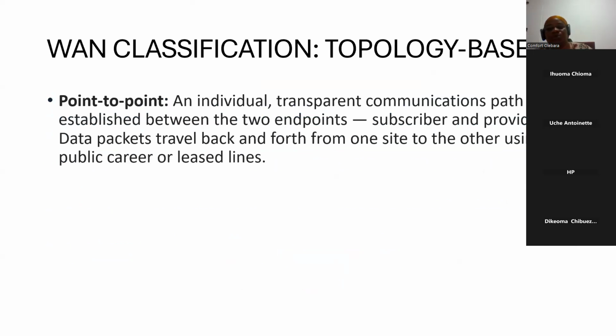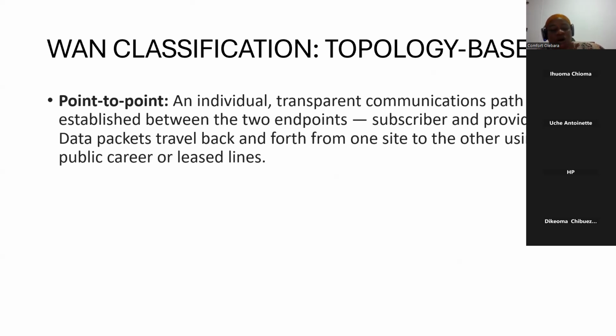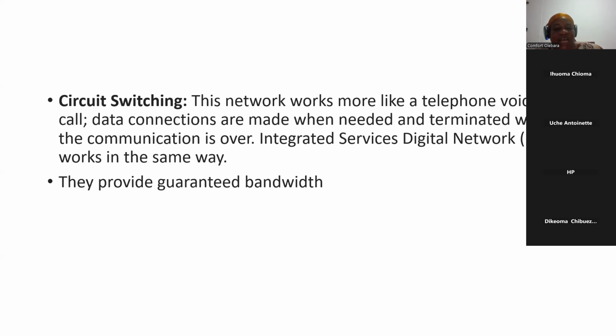One classification is based on topology. We have point to point. Now, this point to point can be circuit switching or packet switching. Circuit switching has its own advantages, such as providing good bandwidth. At least you have enough bandwidth that will carry you.